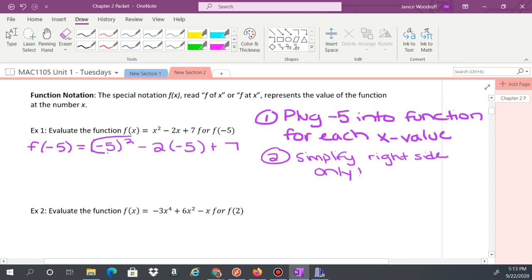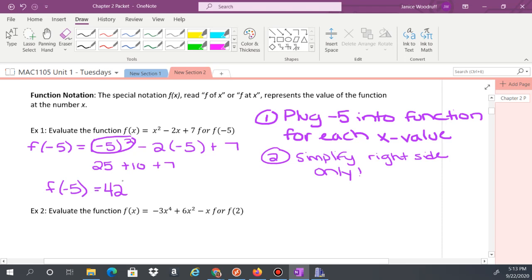I'm going to do my negative 5 squared, which is going to give me a positive 25. Then I'm going to do negative 2 times negative 5, which will give me a positive 10. And then bring down the plus 7. And that's going to give me 35 plus 7, 42. And I'm going to say f of negative 5 equals 42.